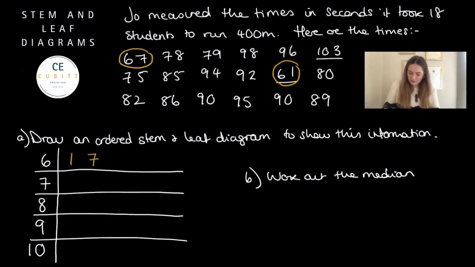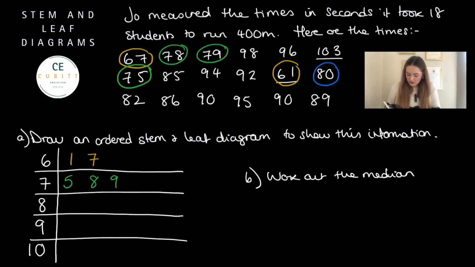Now we're going to go on to the 70s. And our smallest 70 value is 75, so we can put 5 in there. We've then got a 78, and then a 79. I think that's it for the 70s. Yep, so now we can go on to the 80s, and our smallest 80 value is 80 itself.